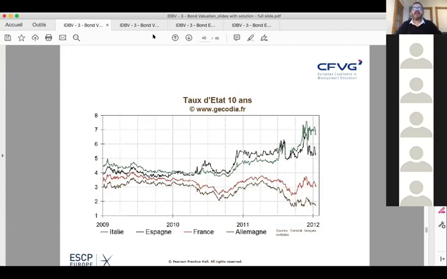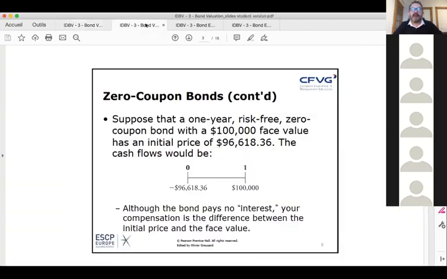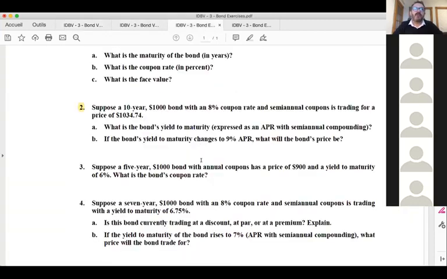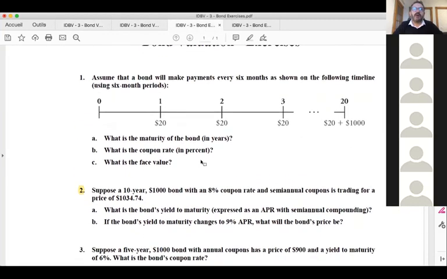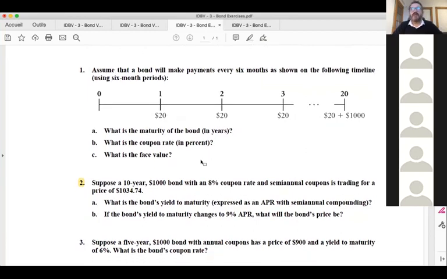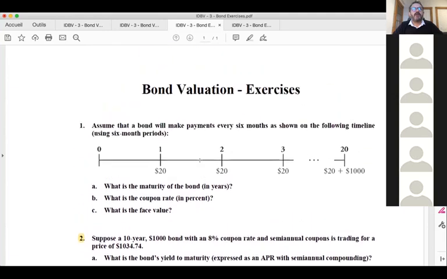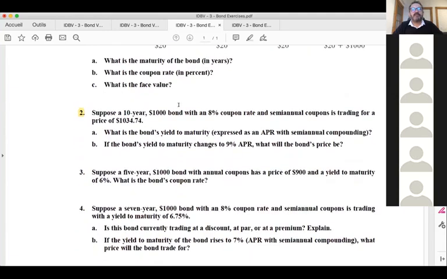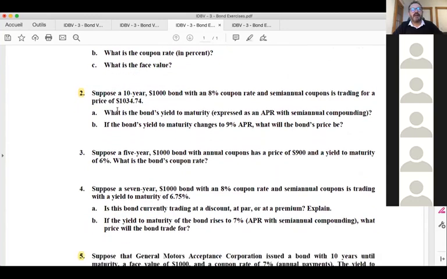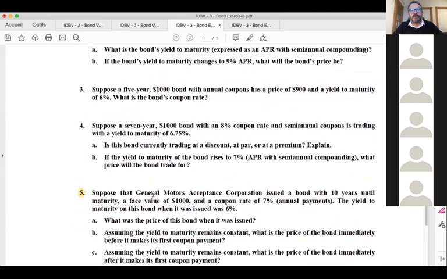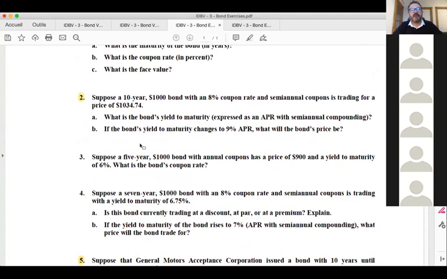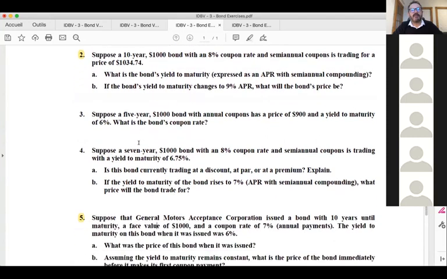Okay, so if you do not have any other question, maybe we have time for one or two exercises, like 15 minutes. And so we have the time to introduce the next chapter. So maybe you can go and see the bond valuation exercises and just do exercise number 2 and exercise number 5. Okay, exercise number 2 and exercise number 5.